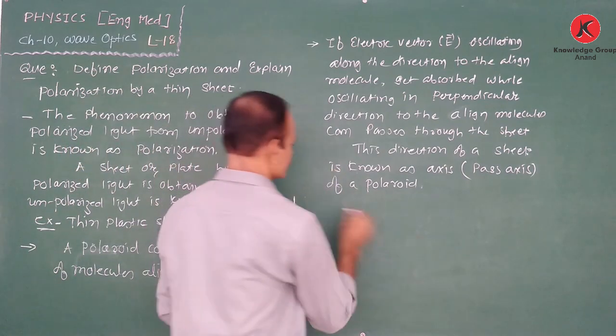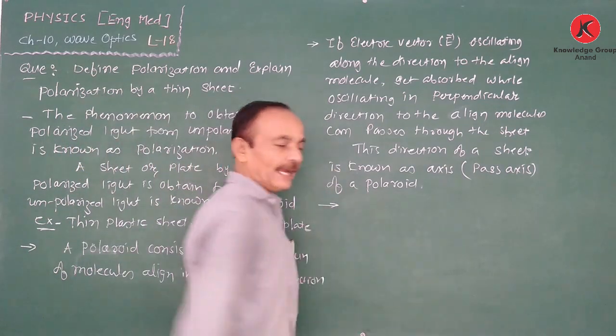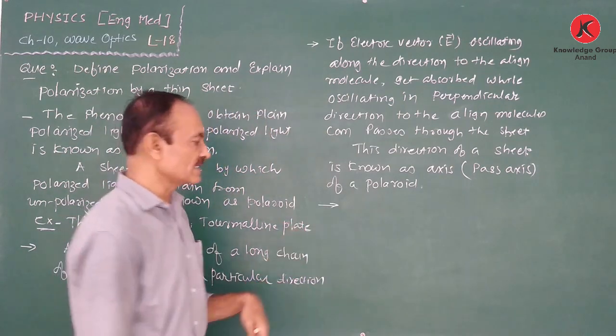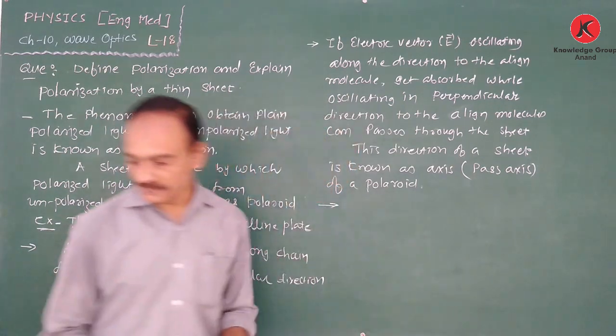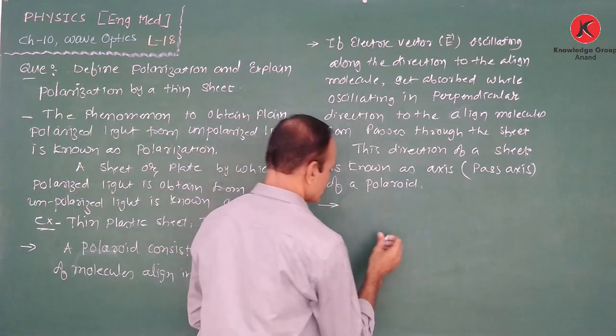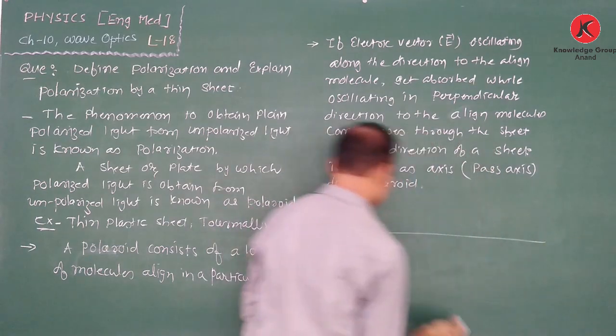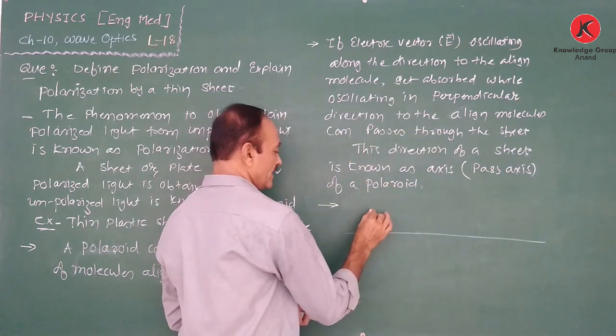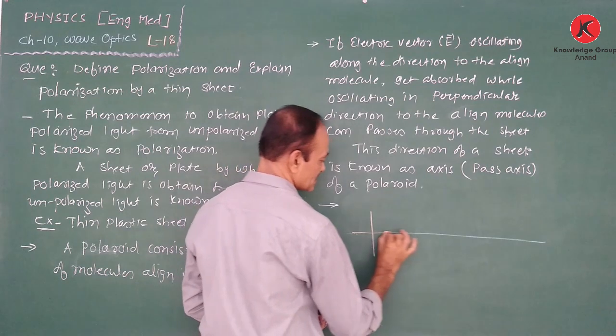Now, the light from an ordinary source, as shown in the figure, we first draw the diagram like this. Suppose there is the axis here, and the unpolarized light is this.